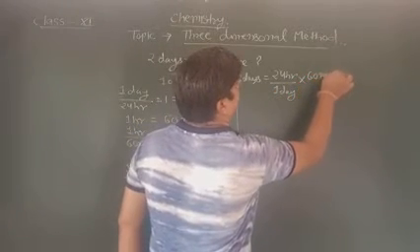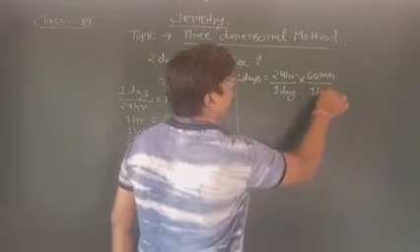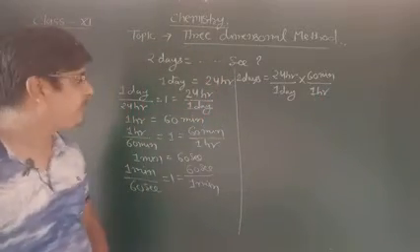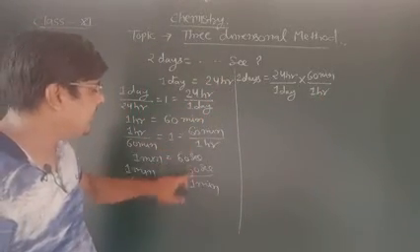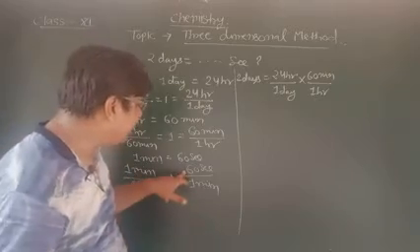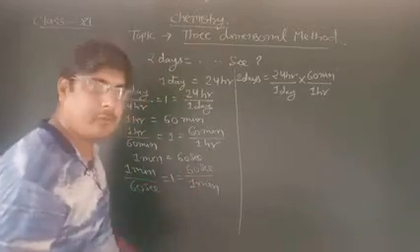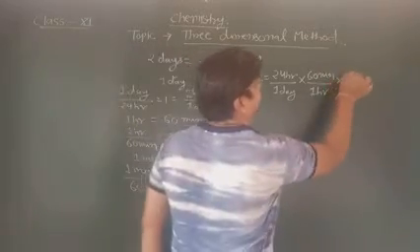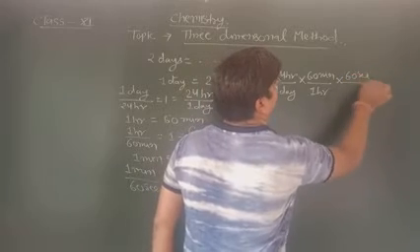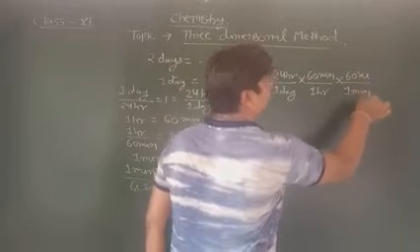Then you convert minute into second, so multiply it by 60 second upon 1 minute.